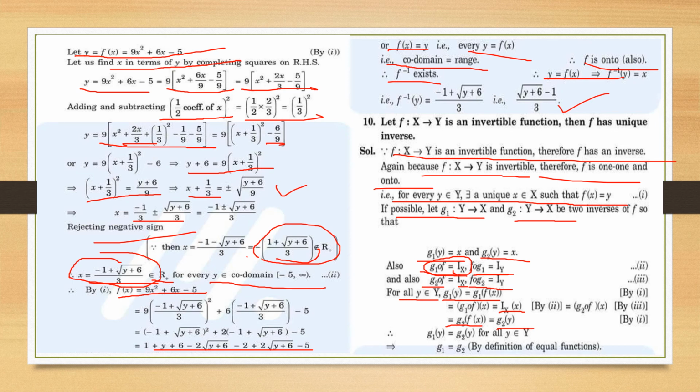So g1(y) is equal to g2(y) for all y belonging to Y. Ultimately g1 and g2 become equal, by the definition of equal functions. So if inverse exists, then it is unique.